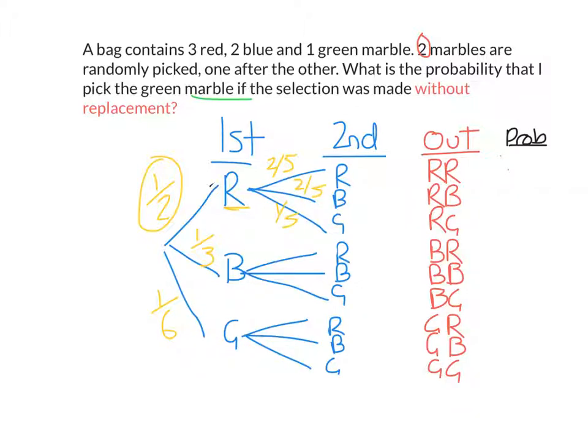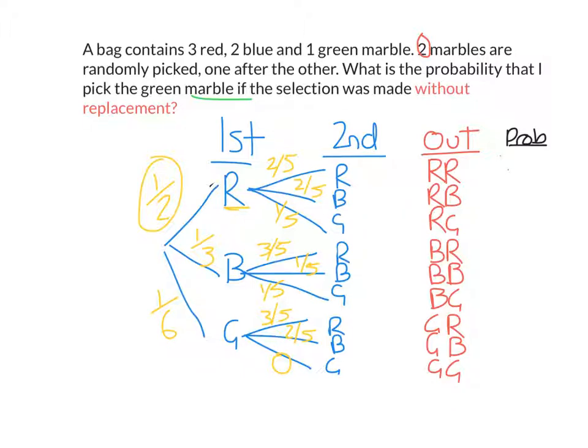So similarly, if I pick the blue and don't put it back, there's 1 blue left, 3 red, and 1 green. So 3 out of the 5 left will be red, 1 out of 5 blue, and 1 out of 5 green. And similarly for the last one, green, if I pick the green marble, there are still 3 reds and 2 blues left, but there's no chance that I'll get a second green because there was only 1 to begin with.